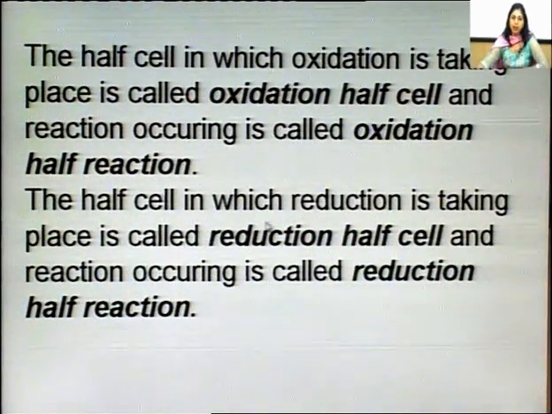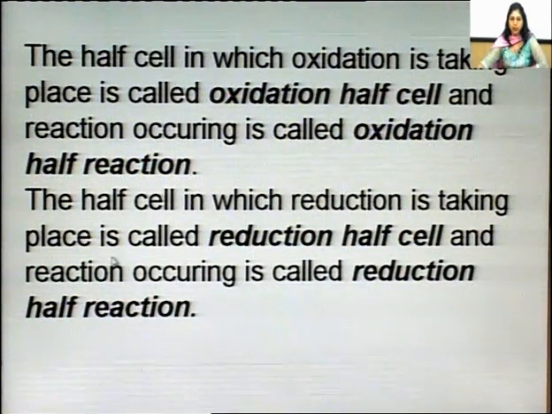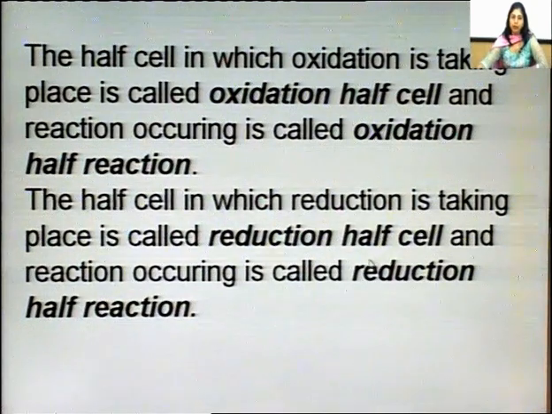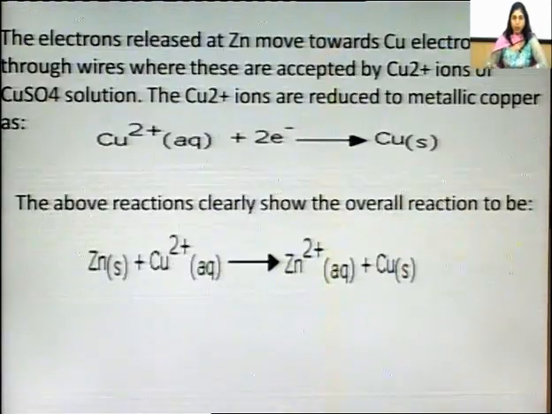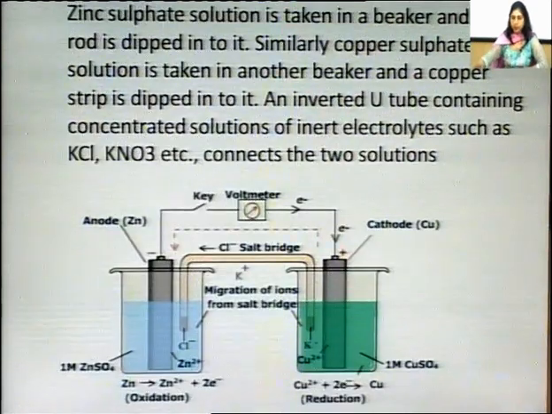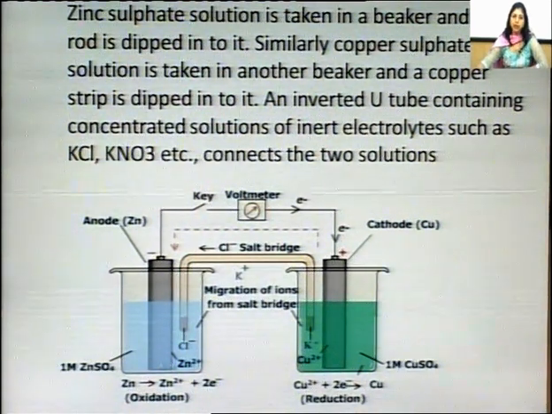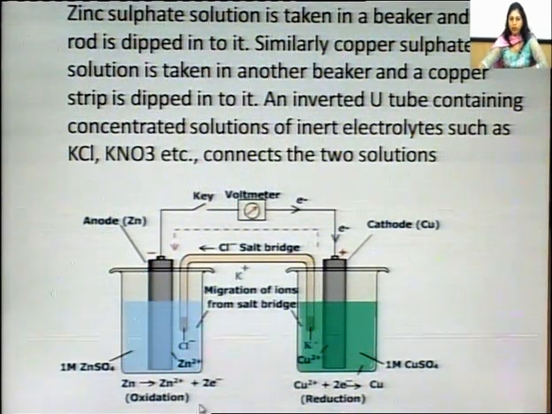The second half cell, where reduction is taking place, is called reduction half cell, and the reaction occurring is called reduction half reaction. In this particular cell, the side having zinc acts as anode and is called the oxidation half cell, and the reaction of zinc in which it loses electrons is called the oxidation half reaction.